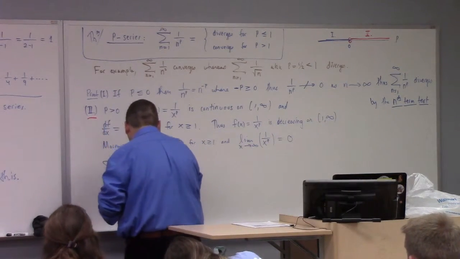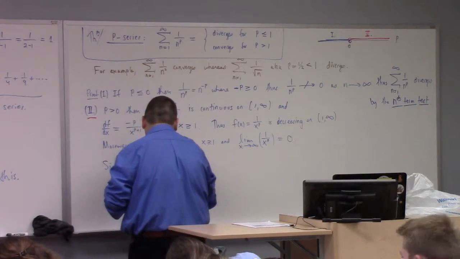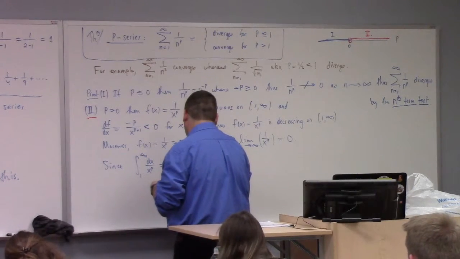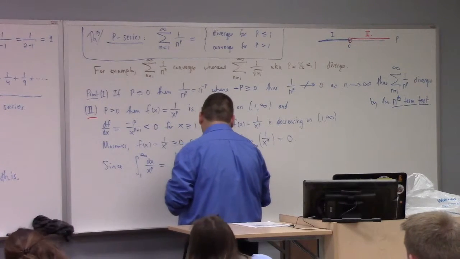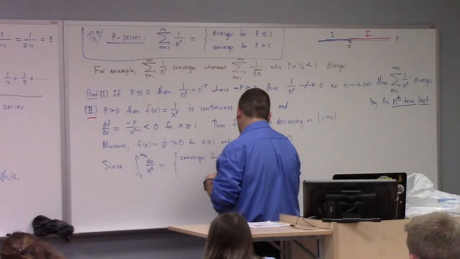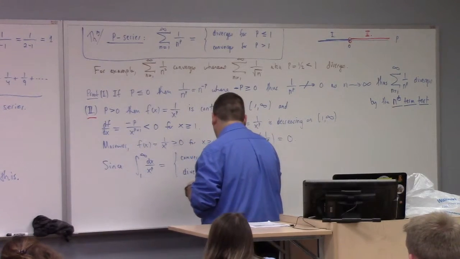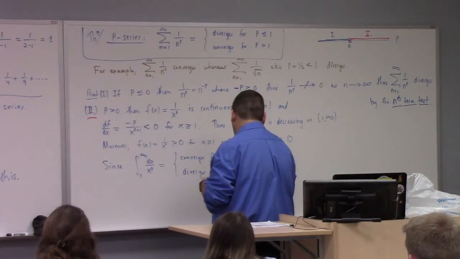The integral from 1 to infinity of dx over x to the p is what? It converges for p greater than 1, and it diverges for p less than or equal to 1.